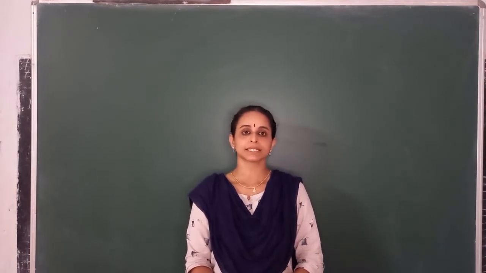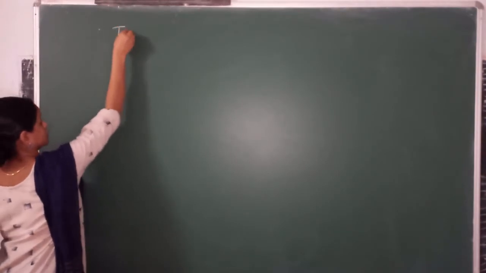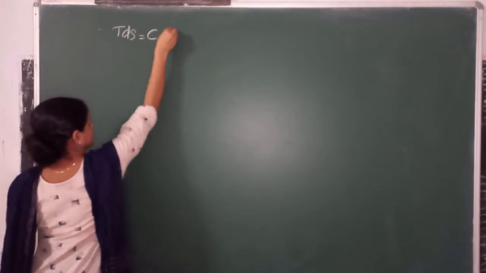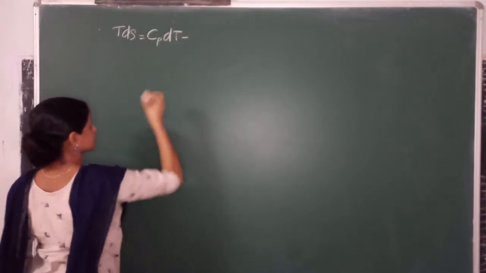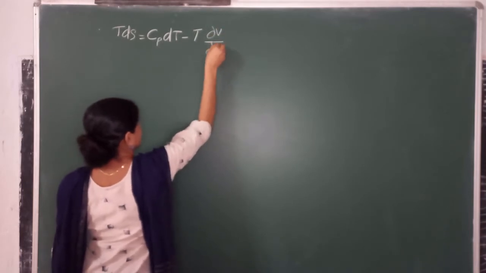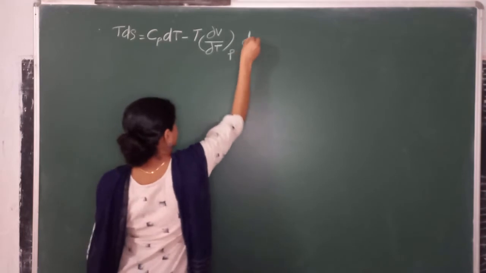The second TDS equation is given by TDS equal to CP dT minus T into (dou V by dou T) at P into dP.